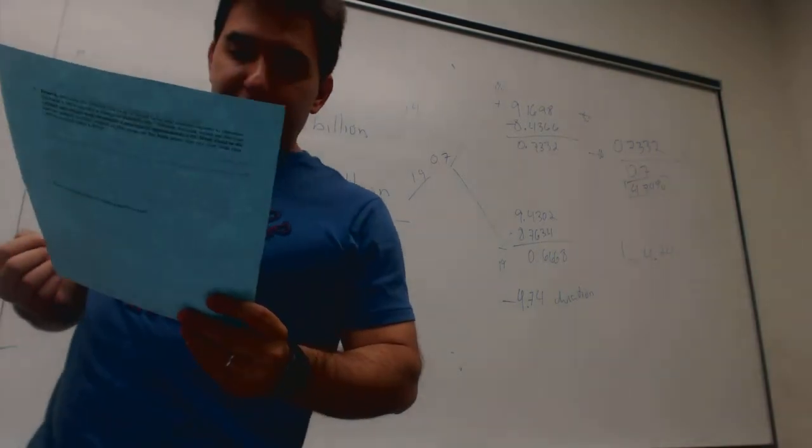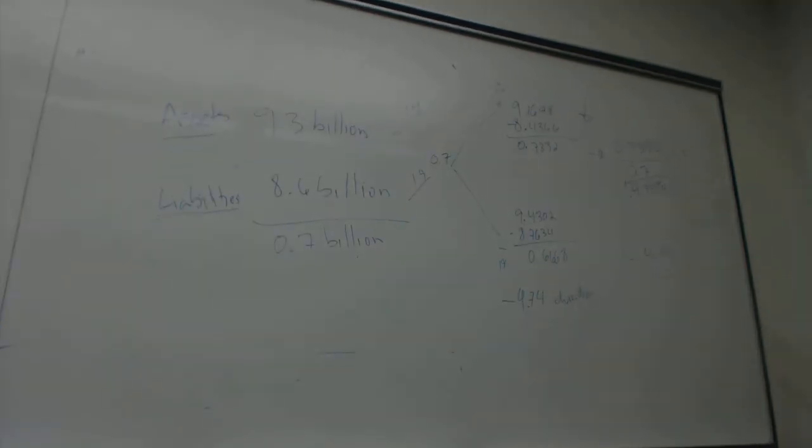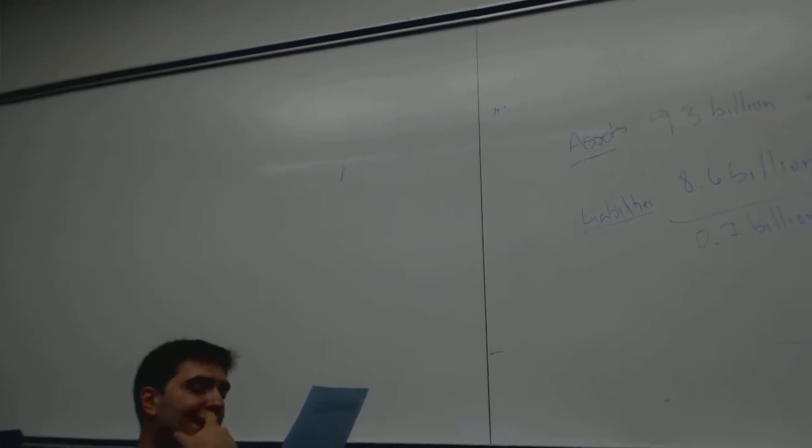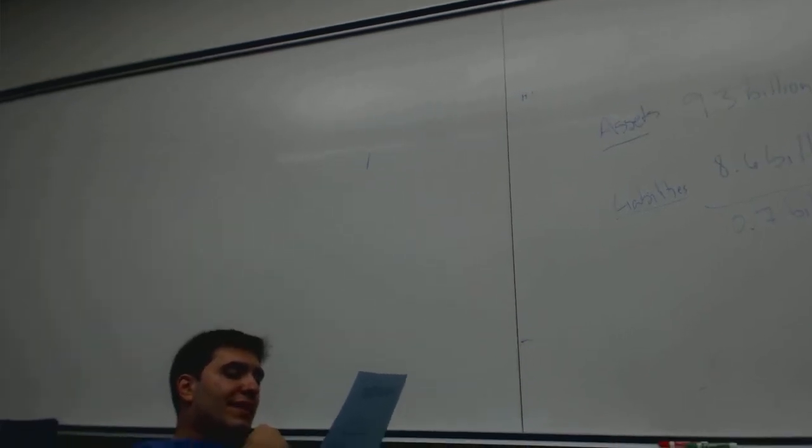Okay, second, qualitative indicate how the bank's sensitivity computation will change if the convexity of the asset is negative and the convexity of the liabilities is positive.